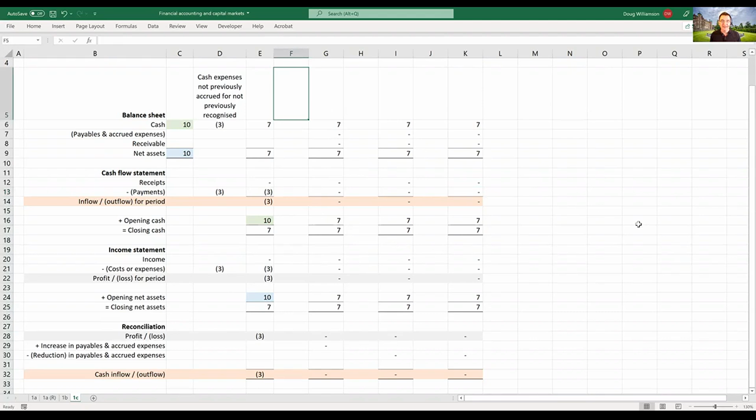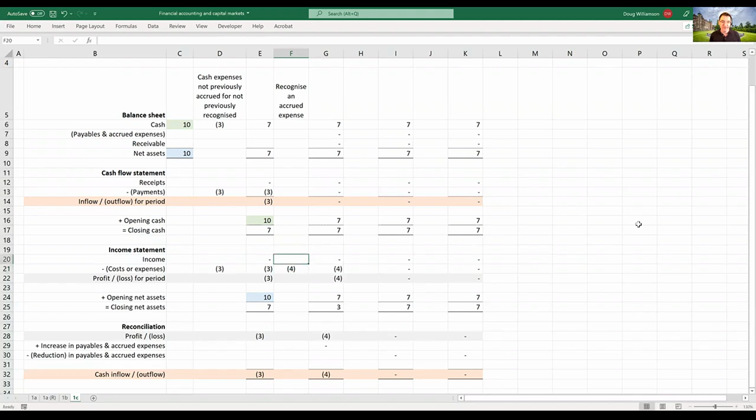Now let's do something slightly different. Let's recognize an accrued expense. So recognize an expense. Let's do that bit first. That means we're putting an expense into the balance sheet and the income statement, let's say it's for 4.